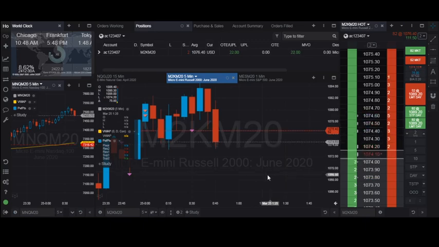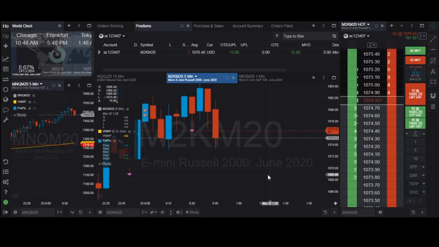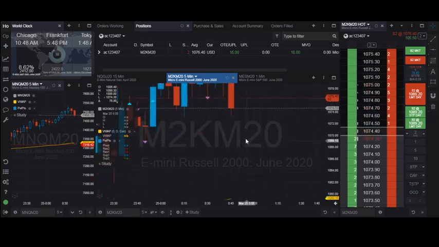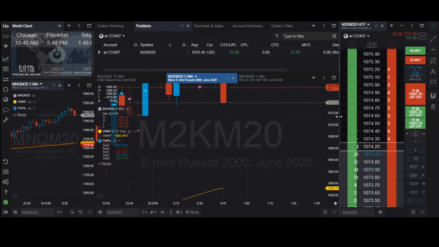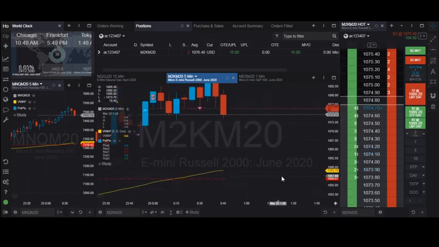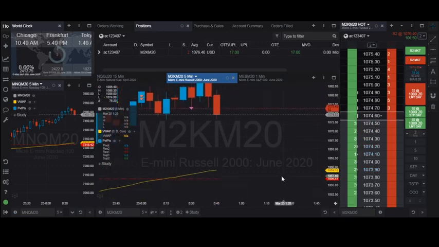Okay, seems like we are in a good position. A small profit, about 20 plus or 18. We can exit, but the target is the VWAP line, so this might take a few minutes. I believe in 30 minutes' time, if the direction is correct, then we might go towards this VWAP price level.